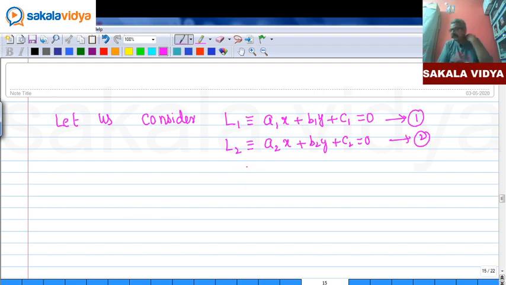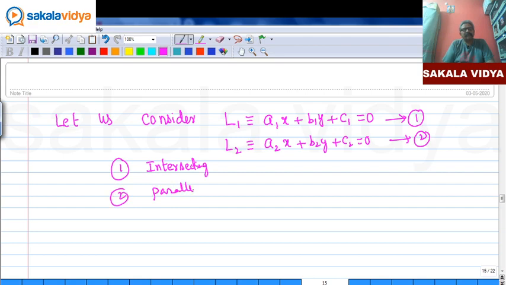So, these two lines may be intersecting, or parallel, intersecting also perpendicular also, or parallel, coincident lines. Understood now.